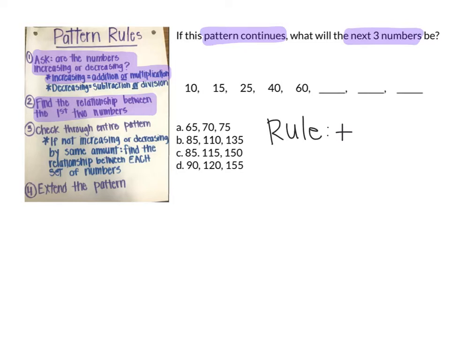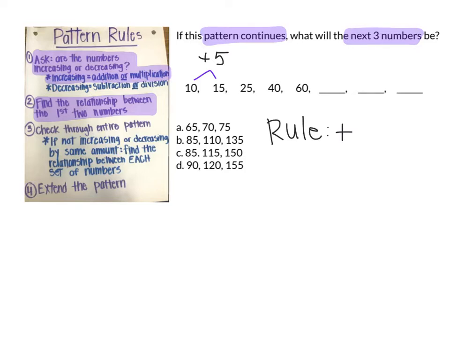So our first two numbers, 10 and 15. So I know I could add 5 to 10 to get 15, right? 10 plus 5 is 15. We can do that math in our head, right?